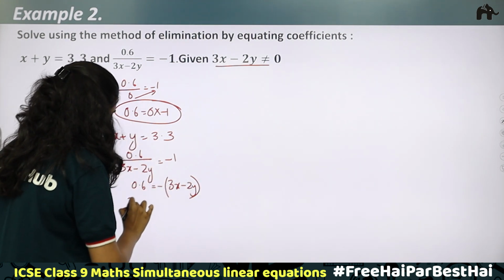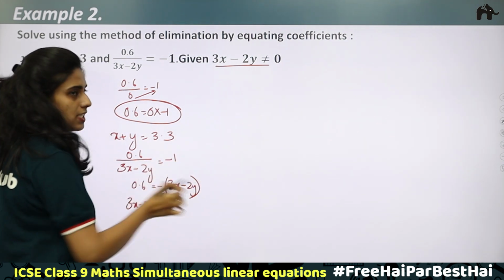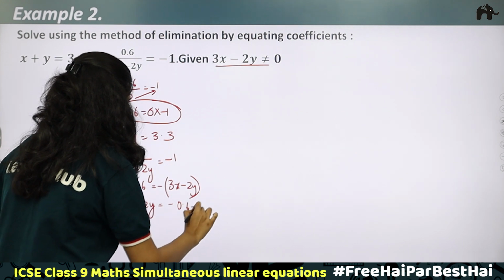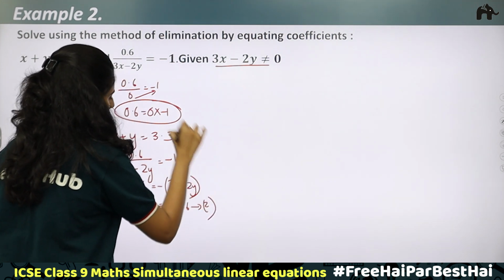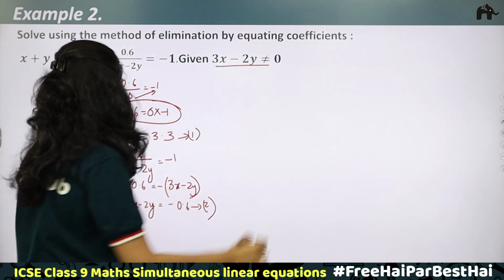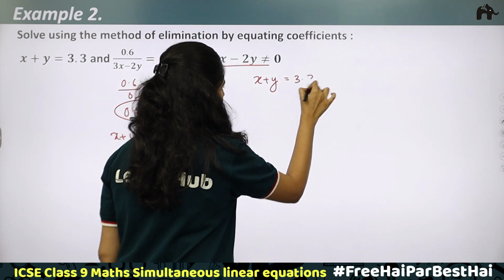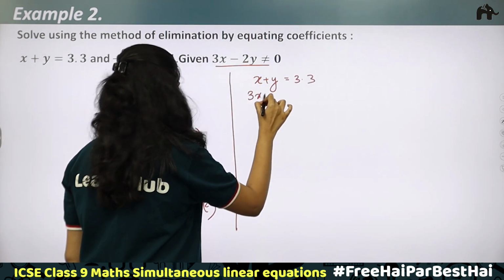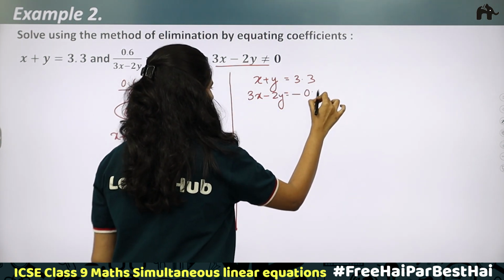So it becomes 3x minus 2y. 0.6 taken to the opposite side, minus 0.6. This is our second equation. So first equation and second equation: x plus y is equal to 3.3. Second equation, 3x minus 2y is equal to minus 0.6.